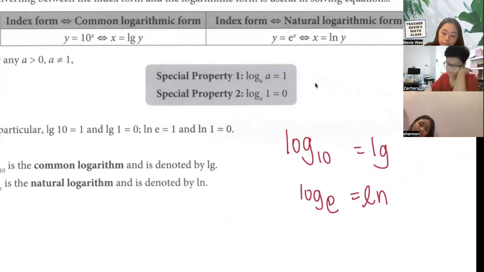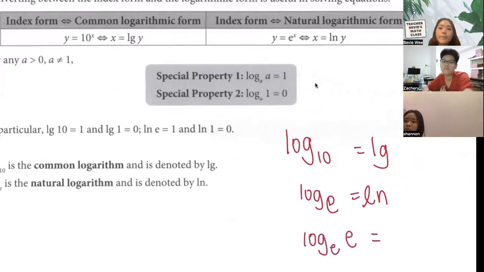If I ask you what log base e equals? No, e is a constant. It's just like pi is 3.14159. So e has a value by itself.